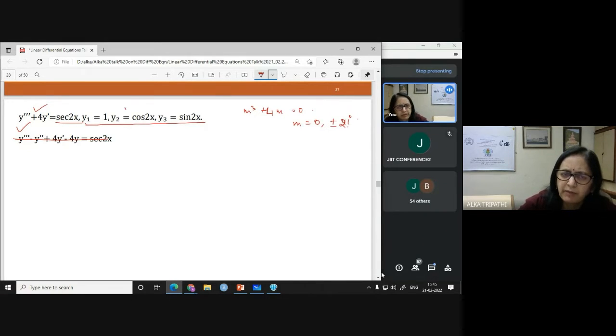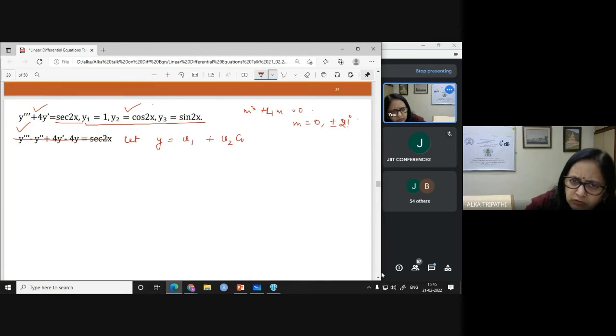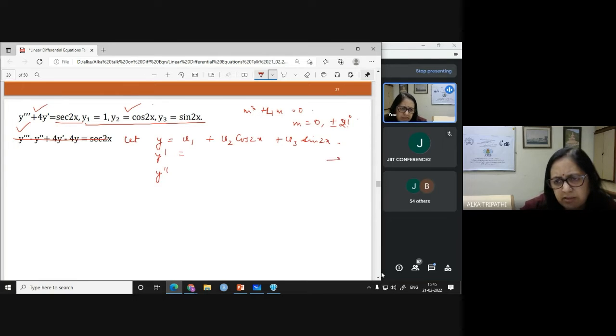Or if I'm already given, then as we had done earlier, we will assume y is equal to v1 plus v2 cos 2x plus v3 sin 2x. Then differentiate y, find y dash, y double dash. In the first case, the v1 dash, v2 dash part we will consider to be 0.